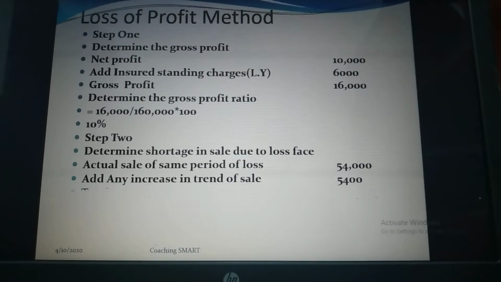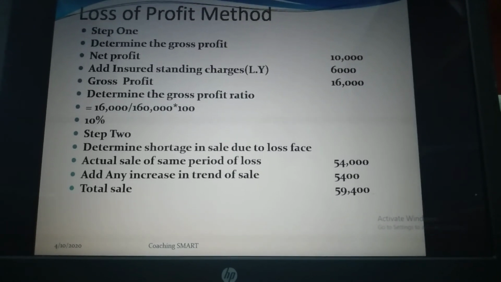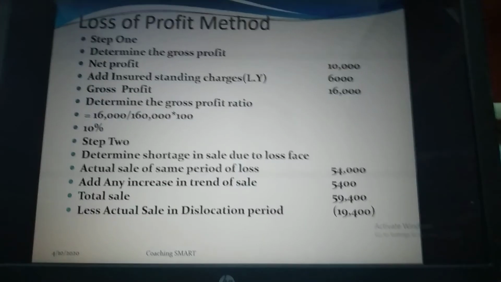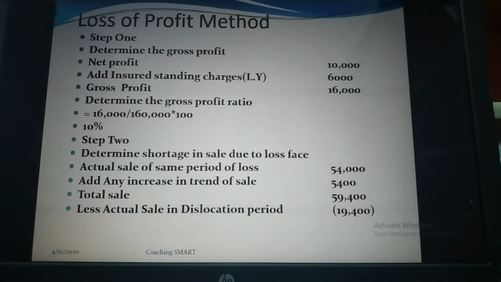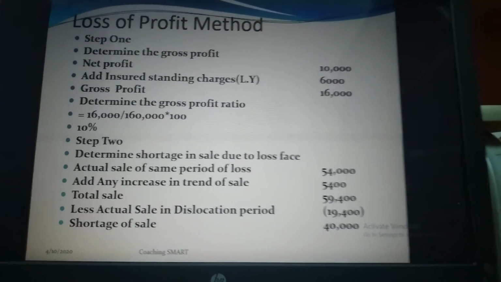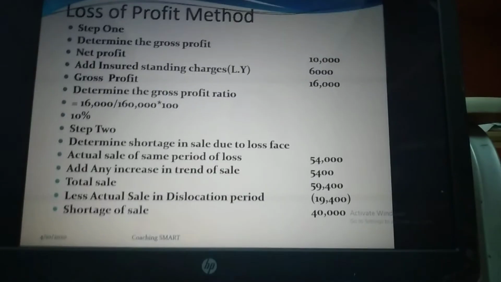If you total, you get 59,400. This is the total sales, less actual sales in the dislocation period. In the dislocation period, the sales was 19,400. So when you subtract, you get 40,000. So shortage of sales is 40,000.